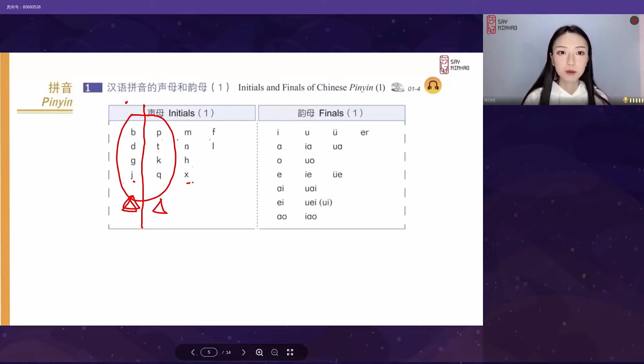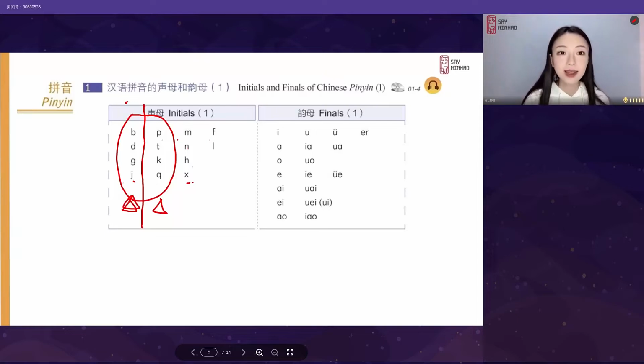And for bo and po, please pay attention to the lips. The shape of our lips is the same. The only difference is the air coming out of your mouth. So bo, softer air. Po, stronger air.